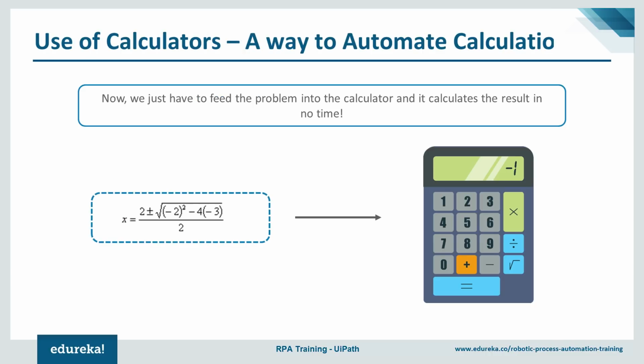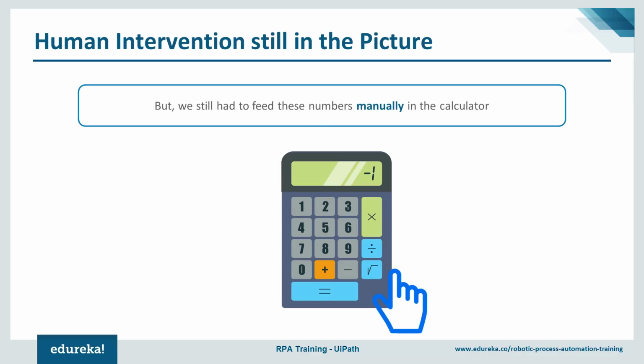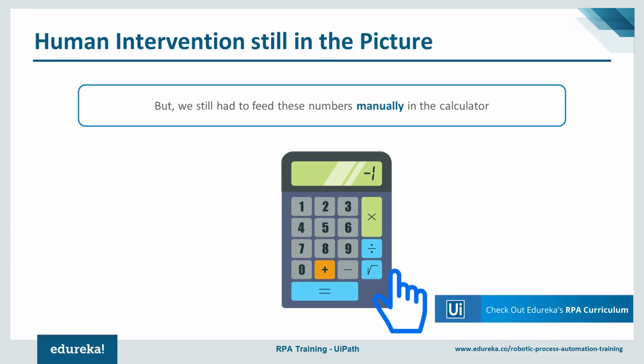Moving forward, guys, the way to use that calculator was that you had to feed in the values and it would be calculated by the calculator. But the problem was that it had to be done manually. As time progressed, as we came up with a solution for easy calculations of complex problems, then came the problem of feeding them inside the calculator.